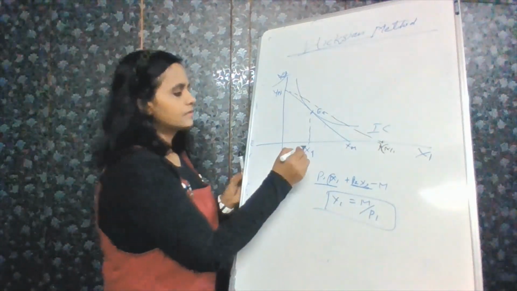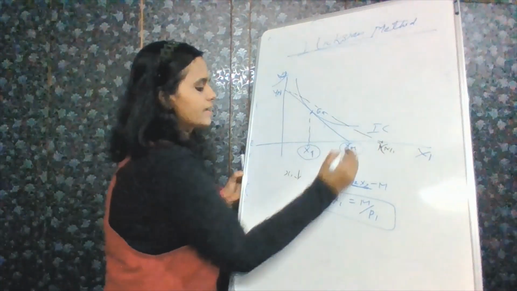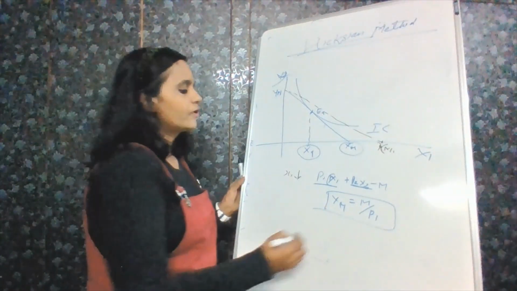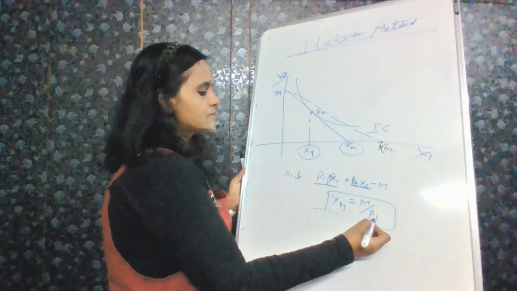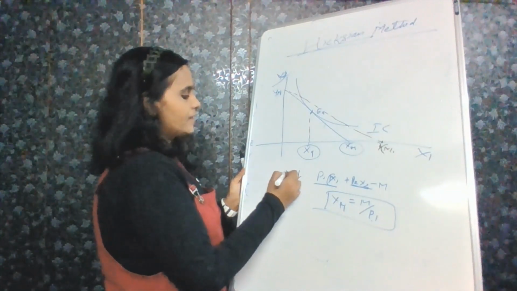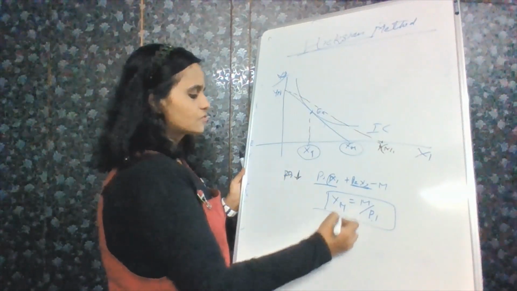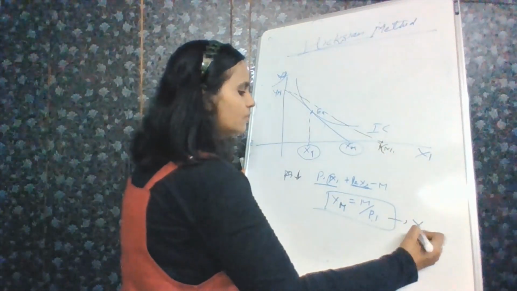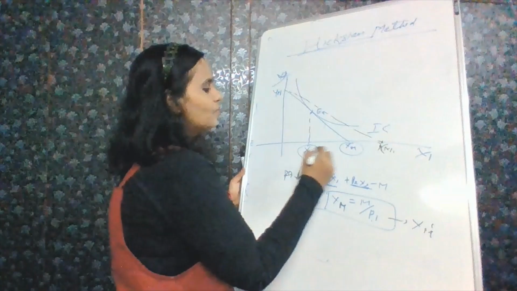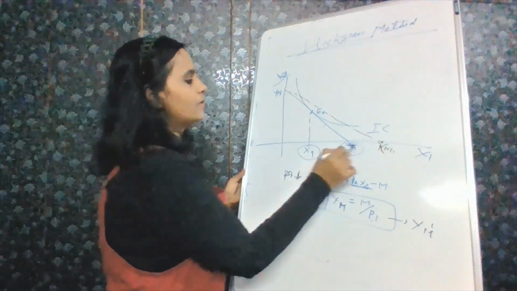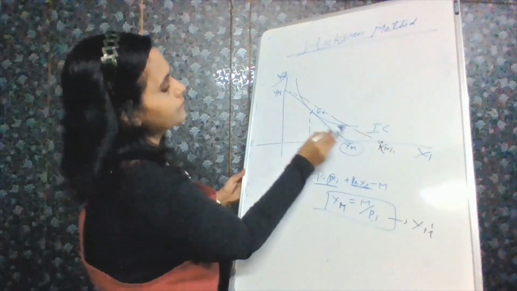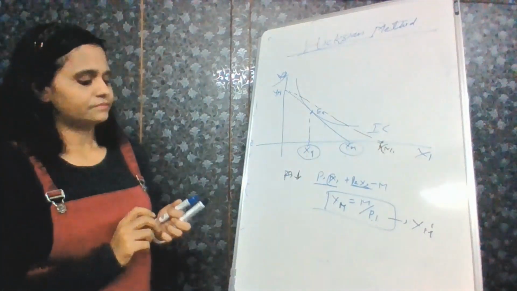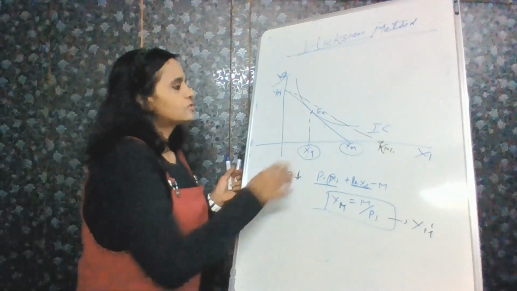This was xm, M by P1. Now your P1 is decreasing because the price of x1 is decreasing. So what will happen? Your xm will increase to xm1 and it will be more than your xm. So your line will change here and come here. So this is a new curve.